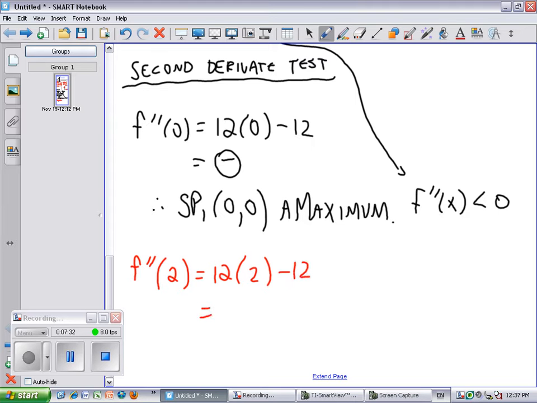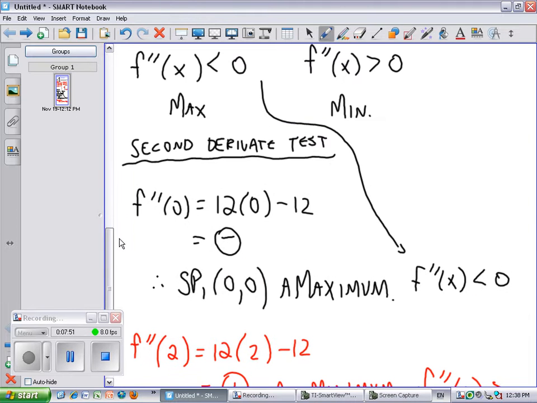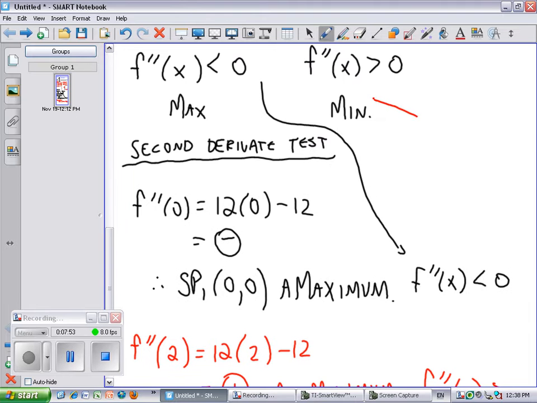Therefore, we have a minimum, because the second derivative at that stationary point was greater than 0. And we pointed out that that relationship works within the context of minimum. So far, that's what our solution looks like.